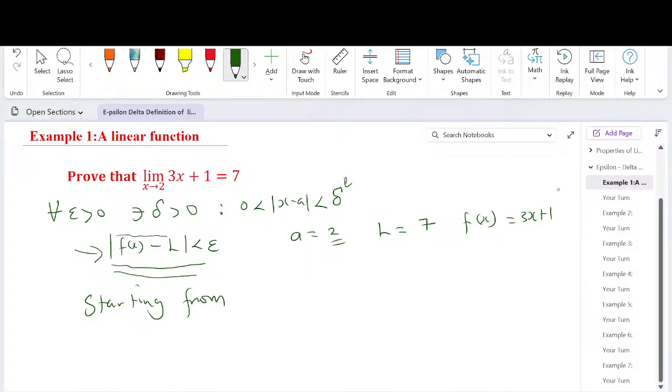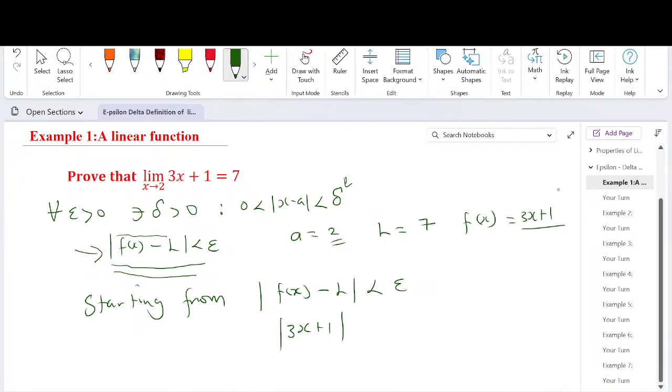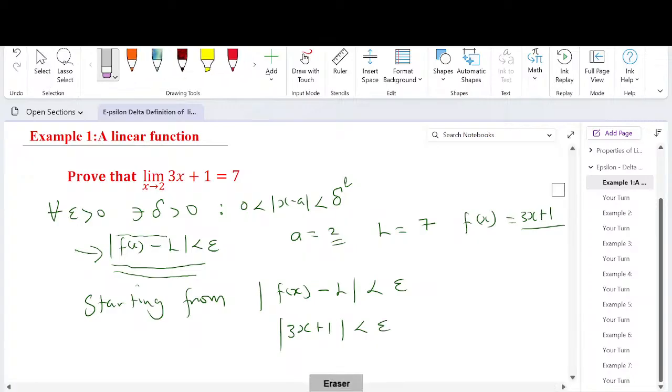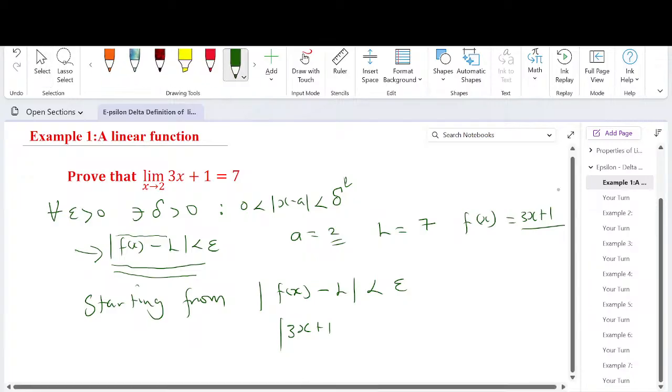from the absolute value of f of x minus L less than epsilon. Okay, so our f of x is this, that is 3x plus 1, the absolute value of this minus the limit is less than epsilon. So the limit is 7, so minus 7 is less than epsilon.